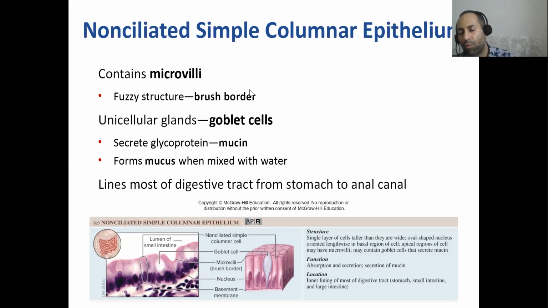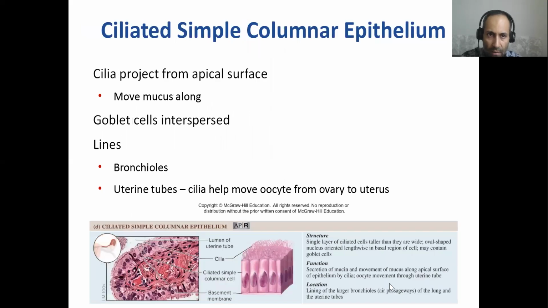And this type is found throughout your GI tract, your gastrointestinal tract, your digestive system. This type of epithelium is perfect, again, for secretion and absorption. So lots of digestive juices are secreted in your intestines, and you basically absorb nutrients across. So that's where you find them. Location, as you can see here, most of your digestive tract.